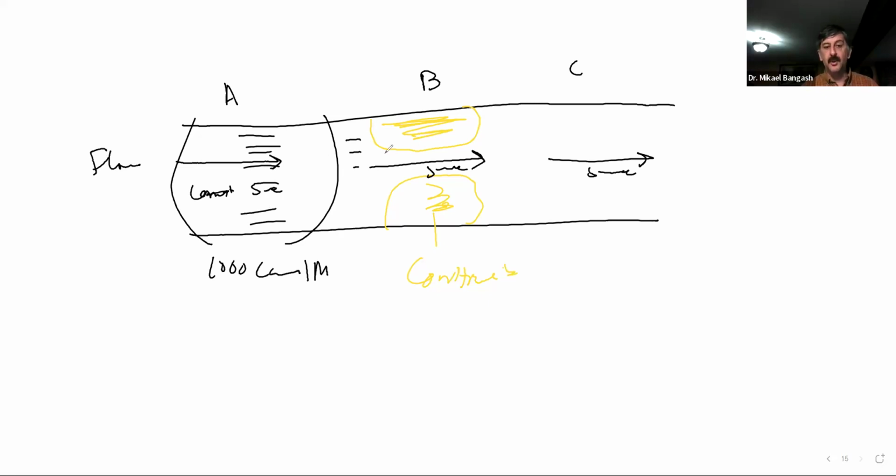Here, due to a construction, probably not, let's say an accident, but maybe to prevent a traffic jam from occurring or buildup of traffic, we still need to have the same flow through this area here.